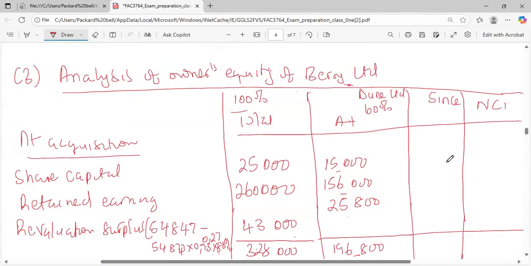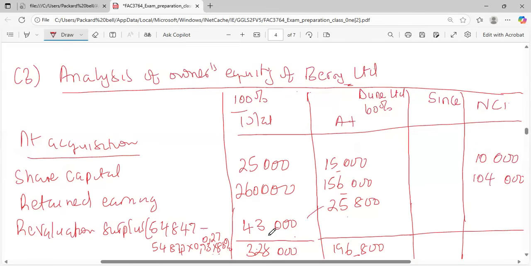So it's 10,000. Here is 10,000. Then here 260 minus 156,000. How much are we going to have there? 104,000. Am I correct? Then this figure goes with this one.